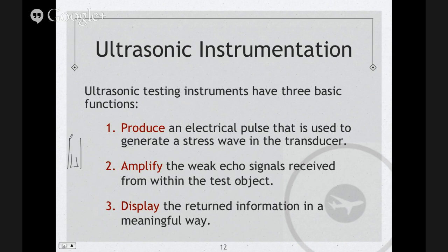This is your sound beam. Let's say this is your transducer. So let's say like this, and then you have your other, this is the through transmission. All your energy on this is going to reflect back, and the only energy you're going to be picking up is this here.